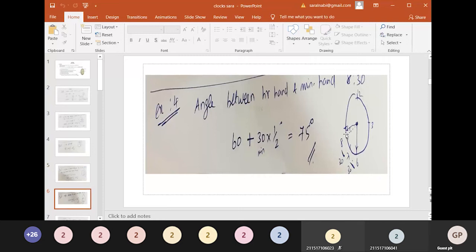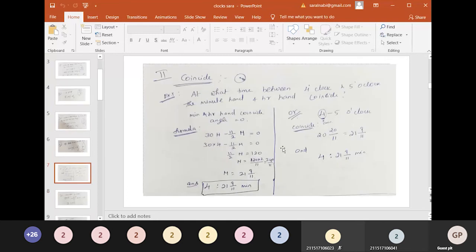And we have to add here because your hour hand crosses 8 by 30 minutes, right? So we have to add this angle. So 60 plus 30 into half degree is equal to what? 15. So the total angle is 75 degree. Okay, will you be able to understand the angle between hour hand and minute hand?